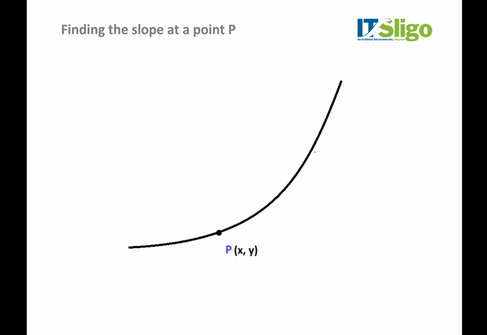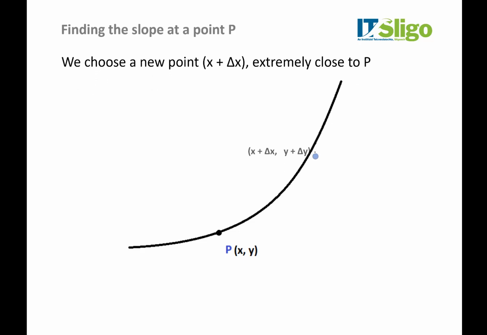So here's our point of interest. We choose a new point, which is extremely close to P. Now I've expanded things out to make it visually more acceptable, but the idea is that we're a billionth of a second, or whatever x is in this case, away from P. On a graph, the distance between these two would be barely visible.